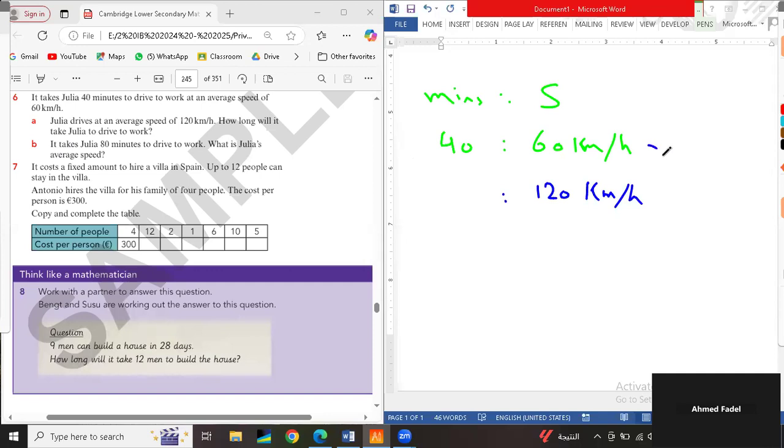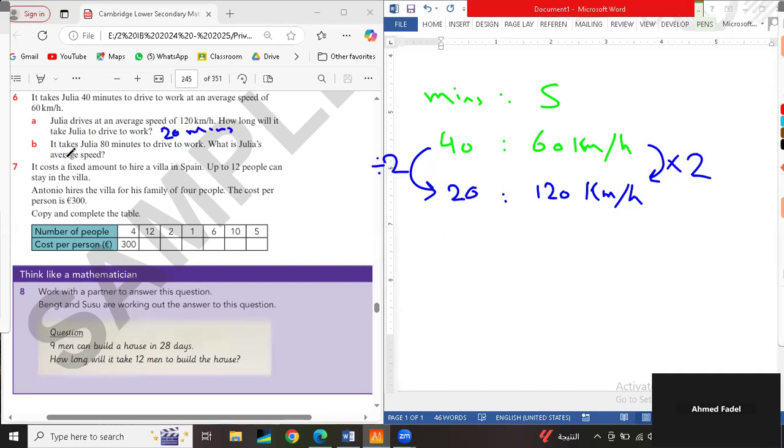Definitely, this is going to be faster. The speed got doubled, so definitely the duration will get halved. I will spend only 20 minutes for that. So the answer to question 6: Julia drives at an average speed of 120 kilometers per hour. How long will it take Julia to drive to work? It will take her exactly 20 minutes.